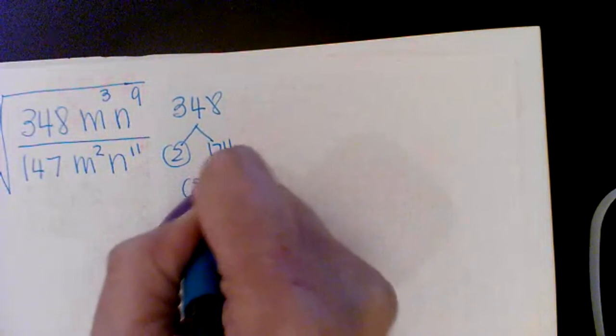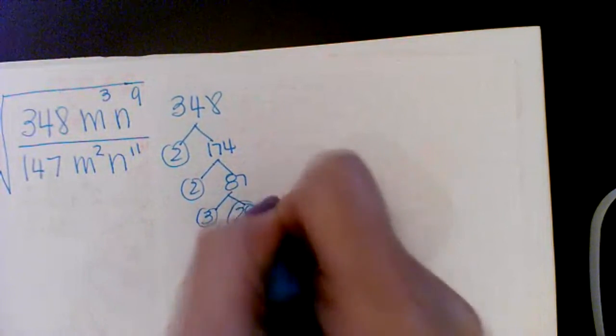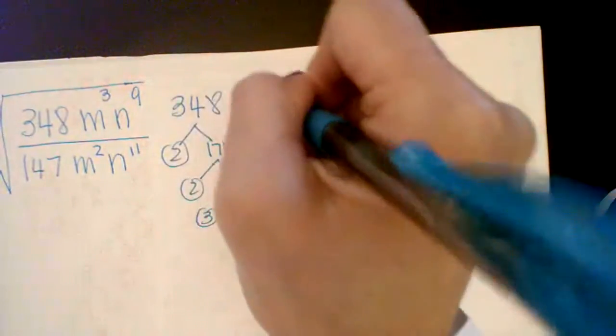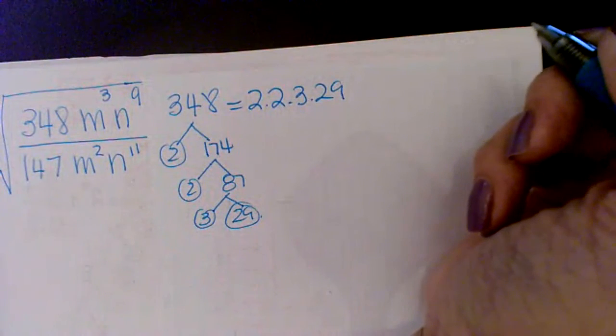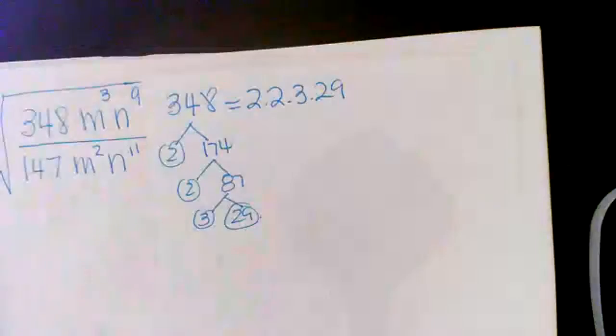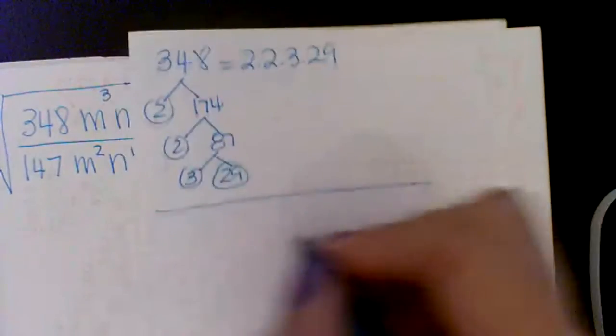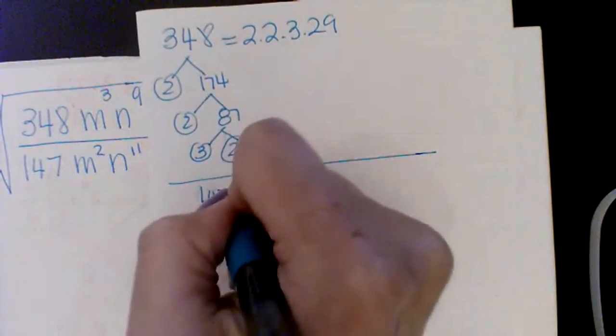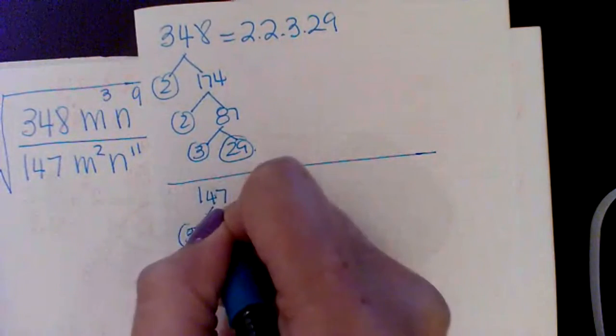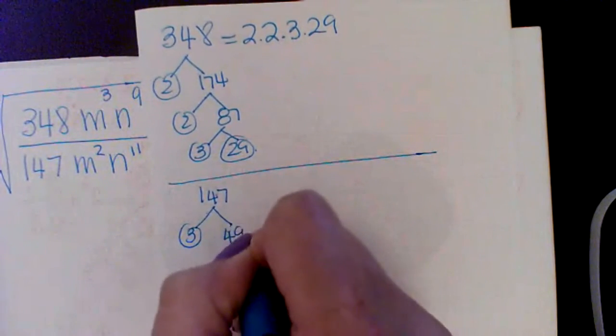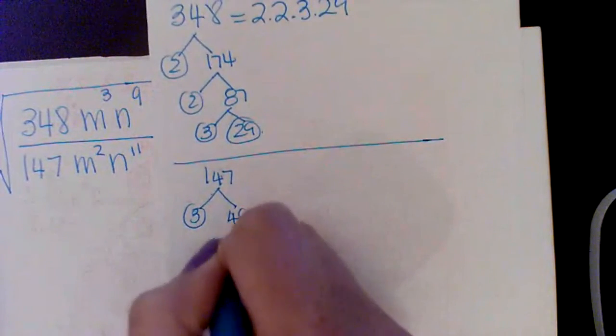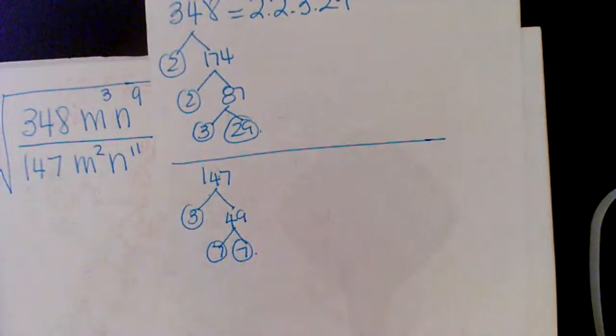Divided by 3 would be 29. So we have a 2 times 2, a 3, and a 29, right? And for the other one, we have 147 divided by 3 is what? 49. And 49 is 7 times 7. So let's transfer that over here.